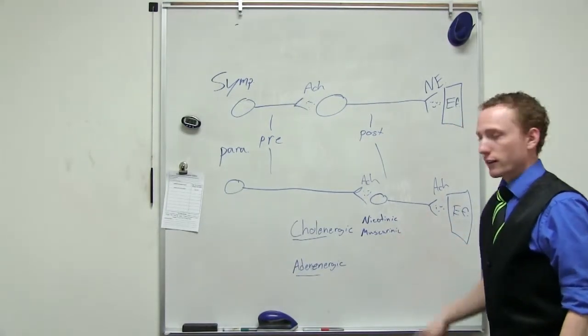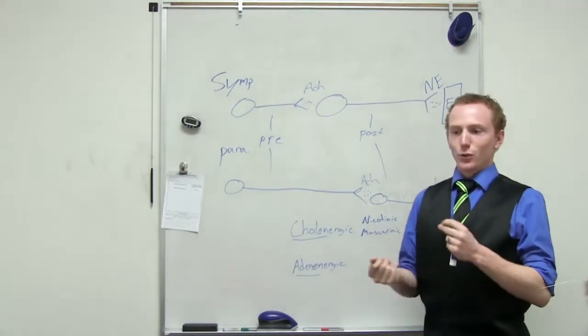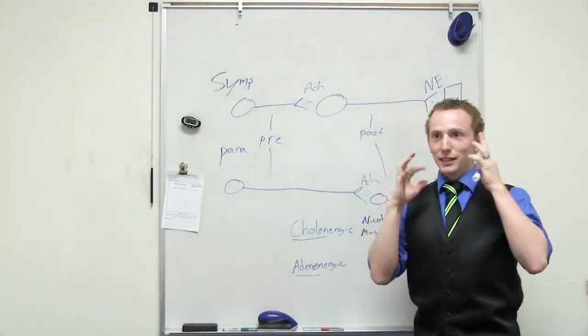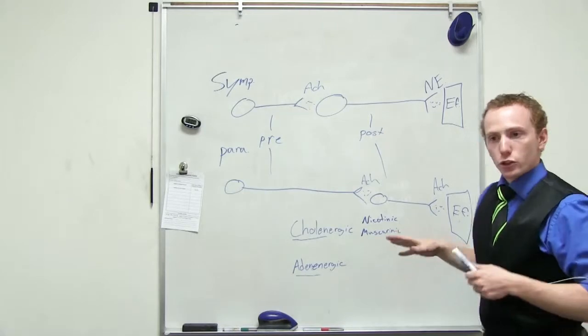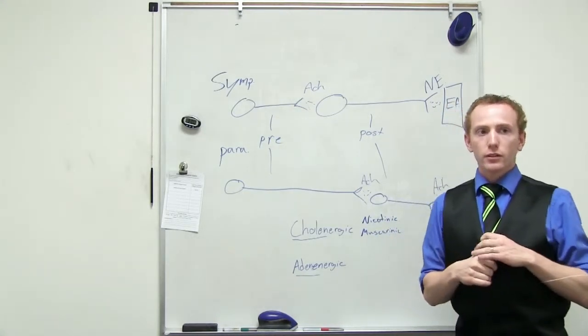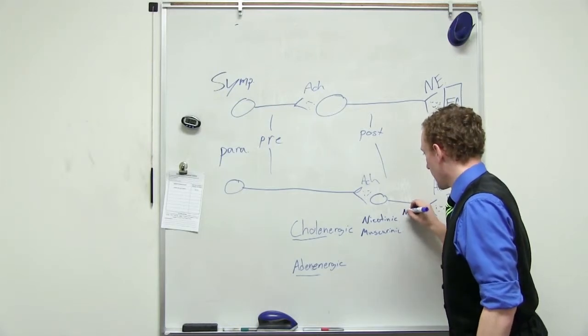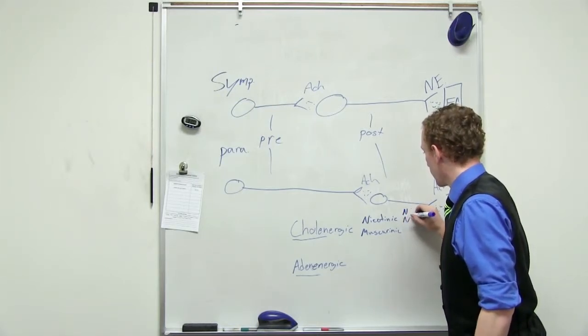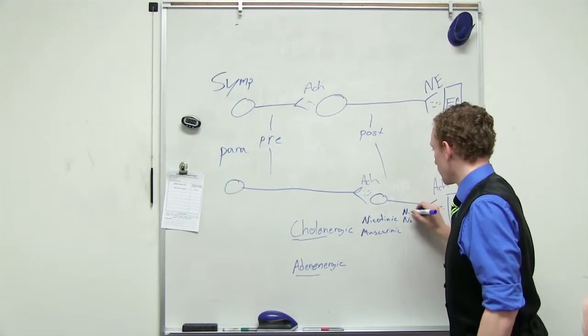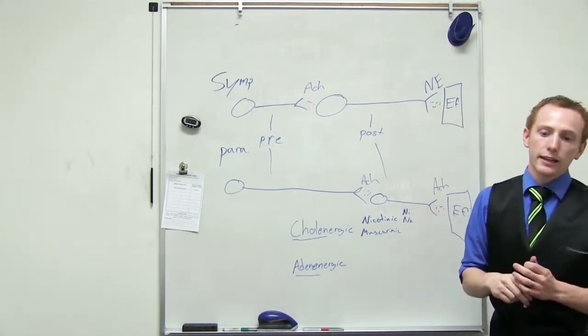Nicotinic and muscarinic. A lot of times, these are the ones that people get confused and forget. But do you remember which one there are two subtypes of? Nicotinic. Nicotinic, there are two subtypes. What are they? Nicotinic neural and nicotinic muscle. So there's N1, N2, and sometimes they're called NM and NN.